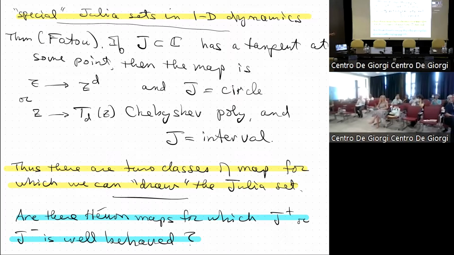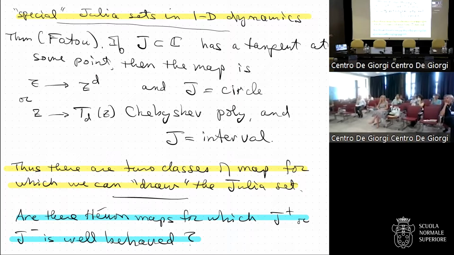Now, you can ask, and it was asked and answered, are there any mappings that have special Julia sets? Well, Fatou gave a theorem that says if you have a tangent, so your Julia set usually is a crinkly set, as I was saying before, having Hausdorff dimension bigger than 1.